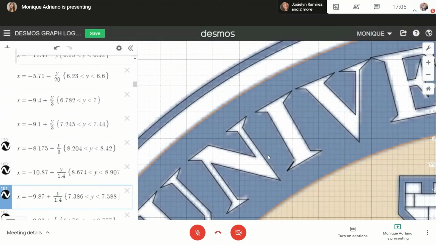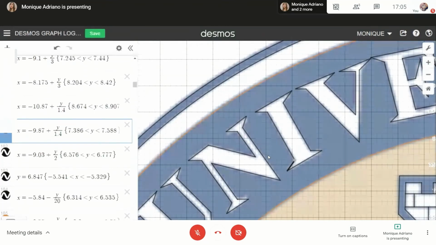While the lower part of the slanting position is x equals negative 9.87 plus y over 1.4, and the closing bracket is y is greater than 7.386 but less than 7.588.